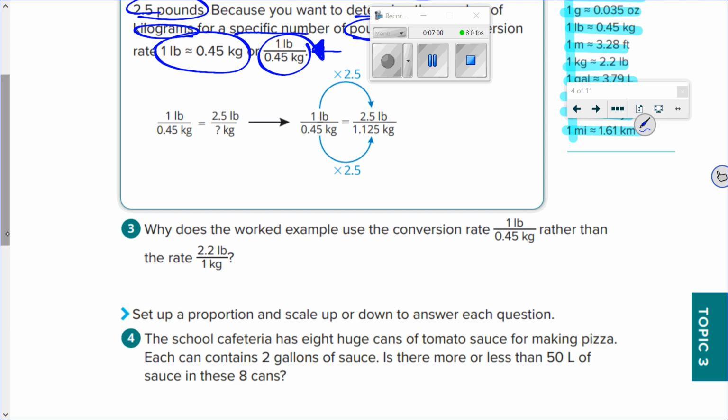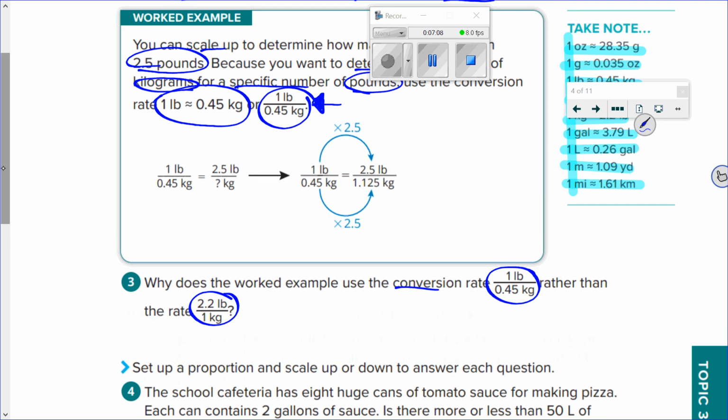Now, why does the worked example use a conversion rate of 1 pound over 4,500 kilograms rather than the rate of 2 2/10 pounds over 1 kilogram? Why do you think we did the 1 pound in order to do our conversion? What would have happened if I had 2 2/10 pounds up here to 1 kilogram? What do you think?